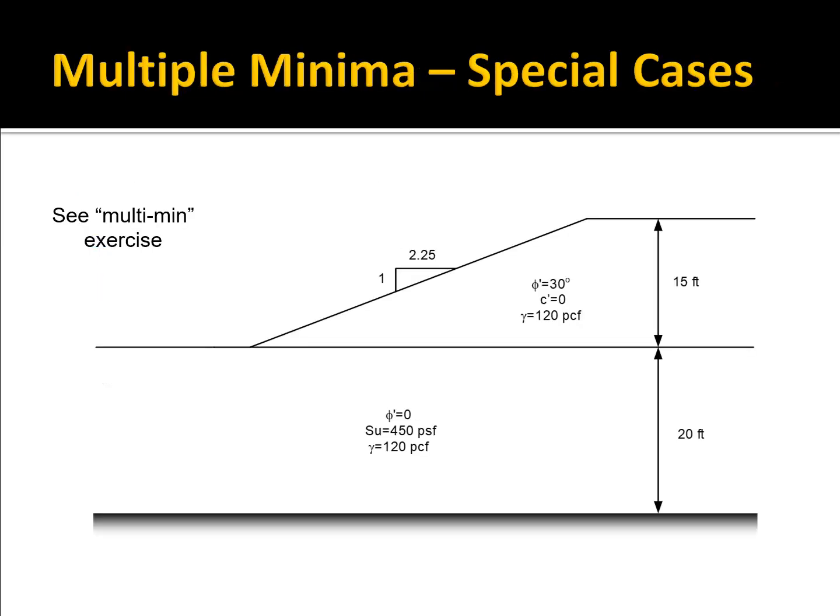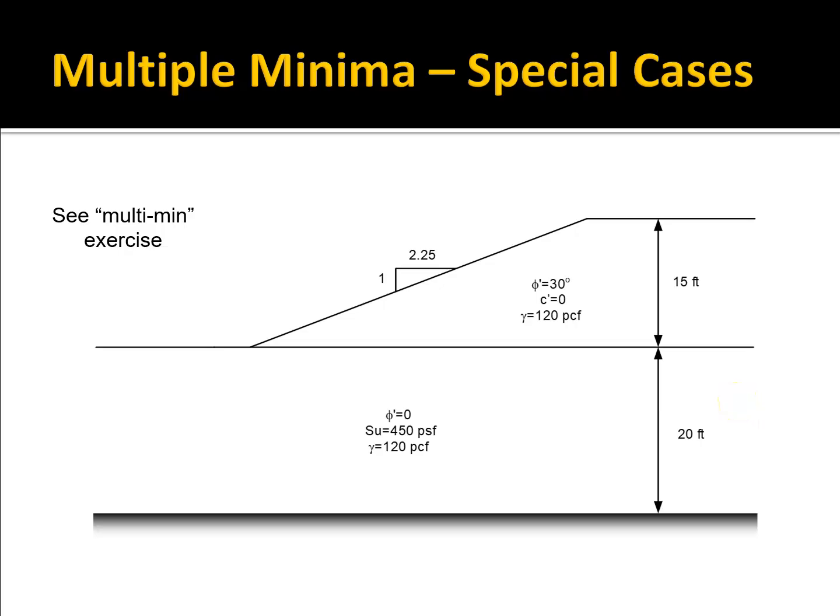And so we've seen cases in our in-class exercises where you can get multiple minima depending on how you start your search. This is an example of one. If you start with your beginning circle tangent to the top, it will converge to a solution there, but if you start it tangent to the bottom, it will converge to a different solution.